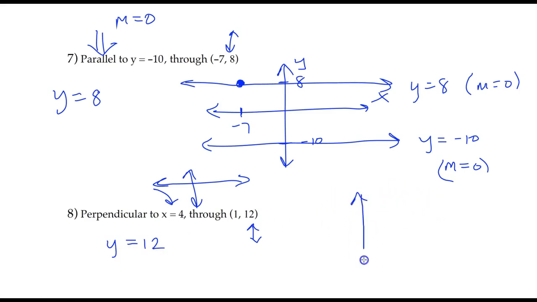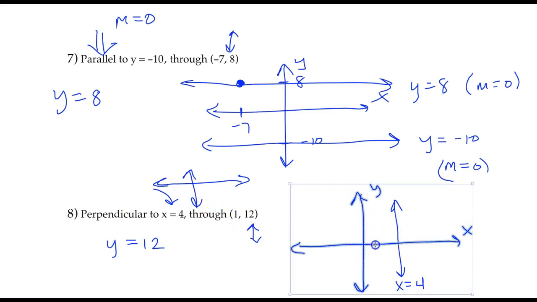If I draw that out like I did the one above, it'll look like this. We have the line x equals 4, which looks like this, and the point (1, 12). Let's say y is equal to 1 here, then this is 12, this point, and we want it to be perpendicular.